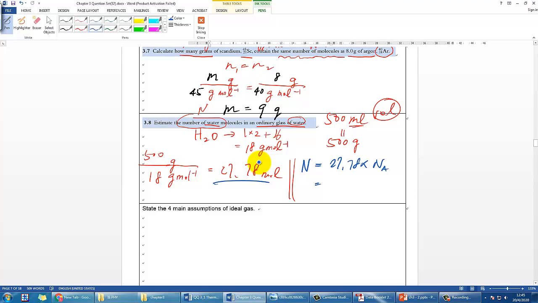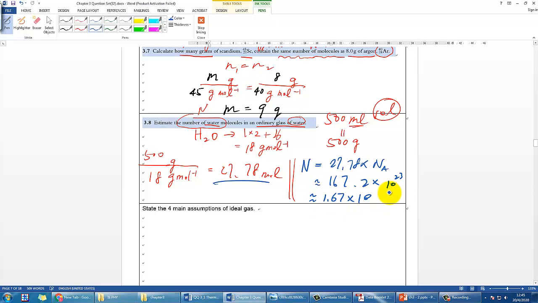So times 6.02, and then you should find 167.2 in your calculator, and then you can keep the 10 to the power of 23. You don't have to enter this, right? This is a little trick for you, and then you can shift the decimal point, so you can kind of round it, because I take away the 0.2, right? So I can round it up already.